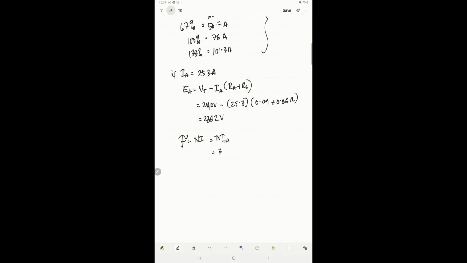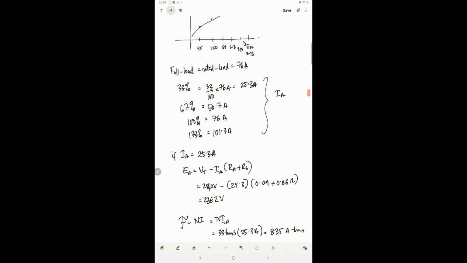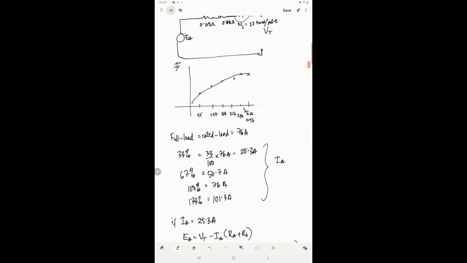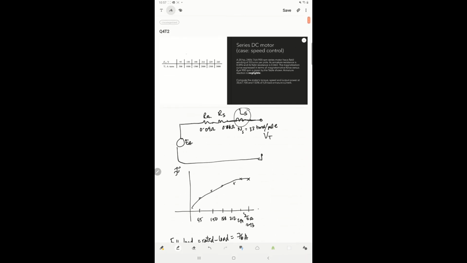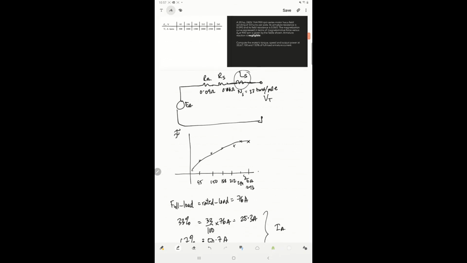The number of turns is 33, and IA is 25.3 ampere, so we will have 835 ampere turns. If we take a look at this table, we know that it is between 500 and 1000.